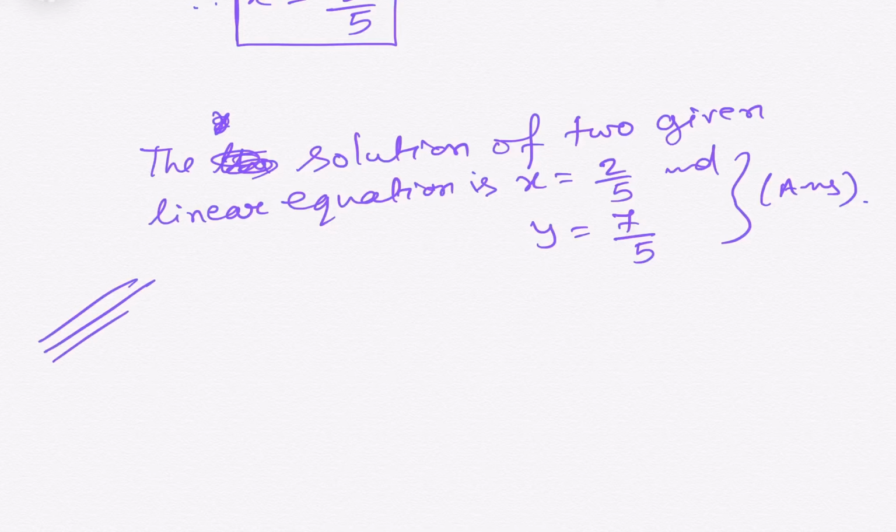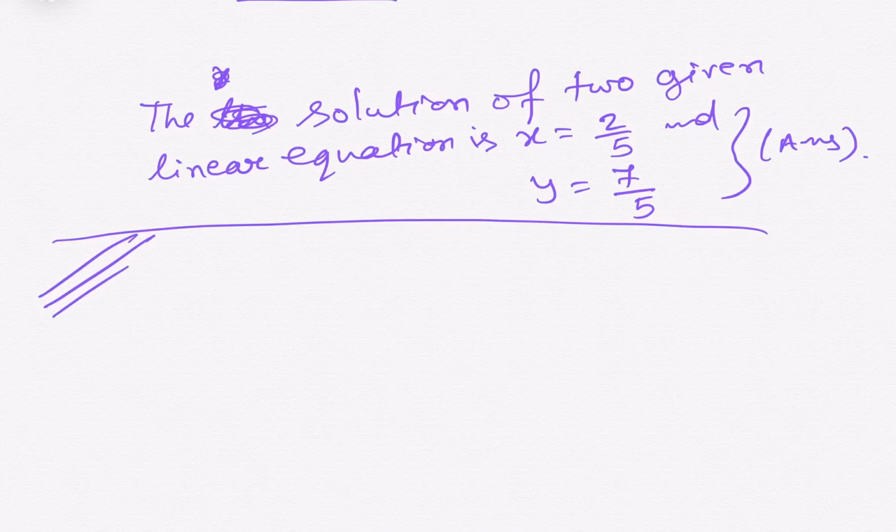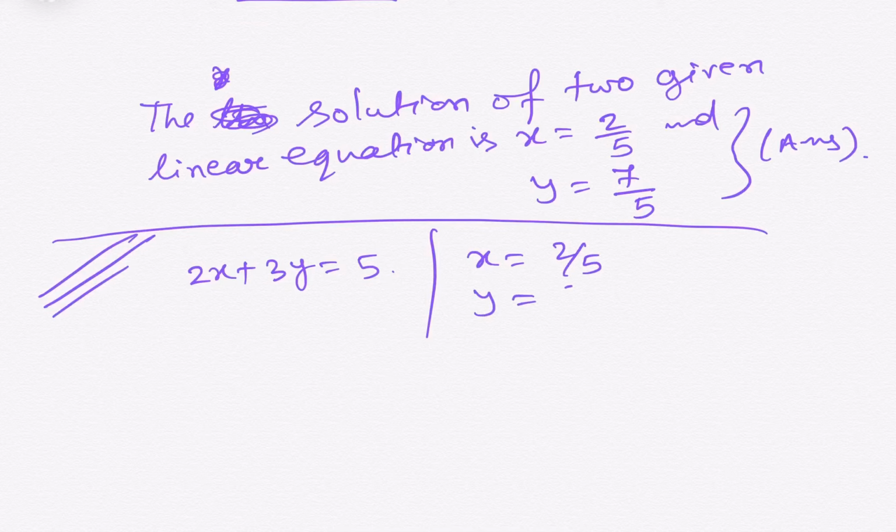I am showing you rough calculation for this. I take equation 1, which is 2x plus 3y equals 5, with x equals 2/5 and y equals 7/5. Substitute these into the LHS part, and then compare the LHS and RHS.